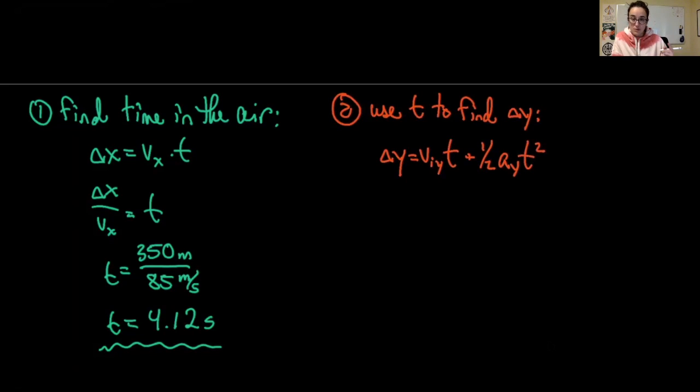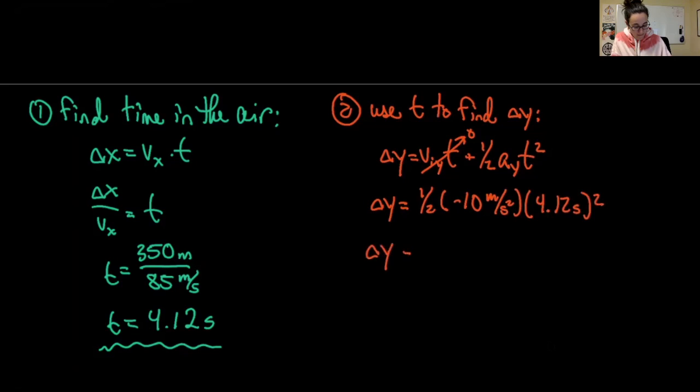Okay, so it was dropped from rest, so viy is 0. All right, so that number squared times 5 is 84 point something. Not the highest helicopter, but at least it's somewhat realistic, I guess. So this actually comes out negative, right?